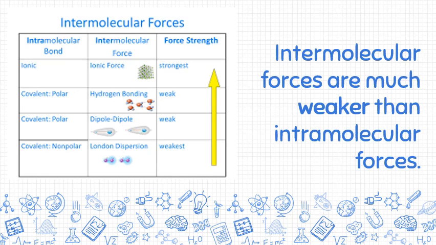If we've got a polar molecule, though, we can have dipole-dipole intermolecular forces, which are slightly stronger. And if we've got hydrogen and then either fluorine, oxygen, or nitrogen, we can have hydrogen bonding, which is even a little bit stronger. And then the ion dipole would be the strongest intermolecular force. That's if we took an ionic compound and dissolved it in a polar molecule such as water.